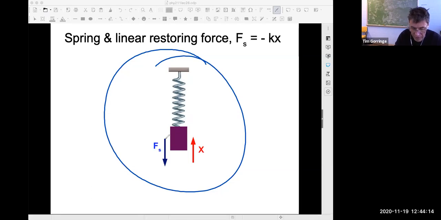That's a linear restoring force, and that's the heart of periodic motion. That's what you need. That's how simple harmonic motion emerges. And so this little equation up here gives birth to periodic motion.